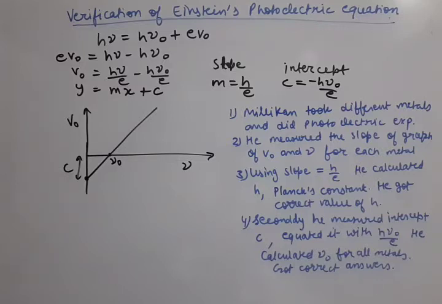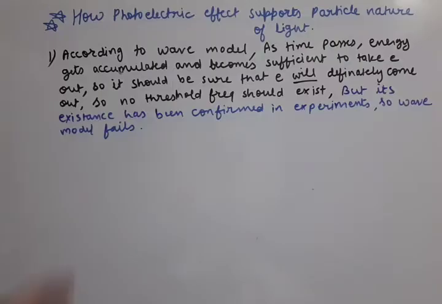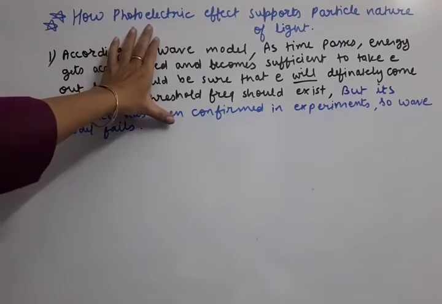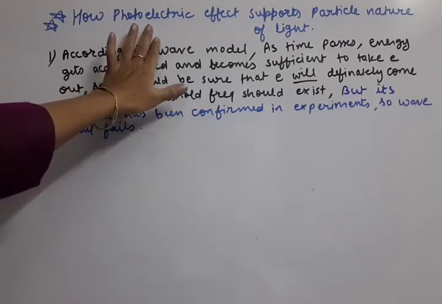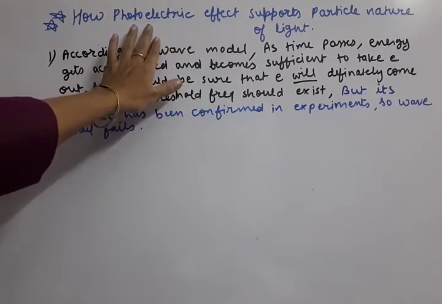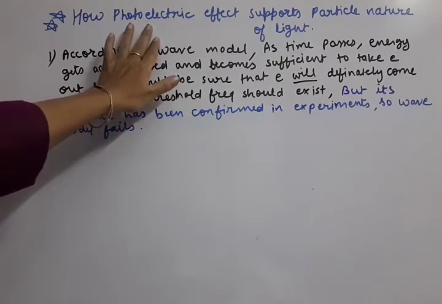We are moving to the next sheet. Students, we are saying from the starting, when we started the photoelectric effect, that we are here supporting the particle nature of light. The name of the particle nature of light is photon. So why do we want the particle nature only here?